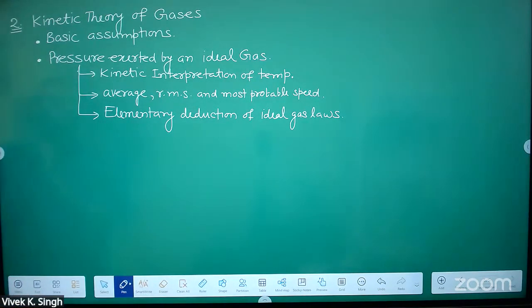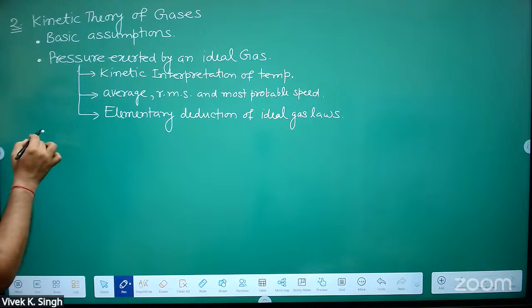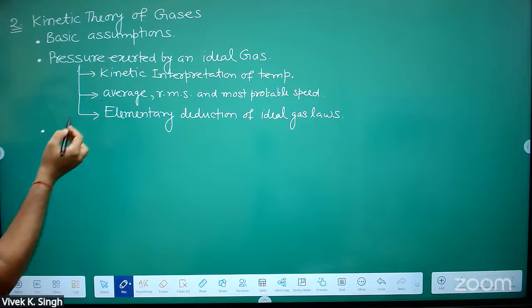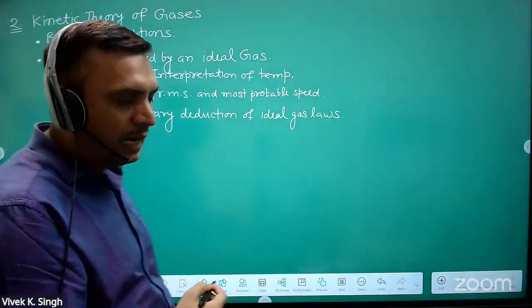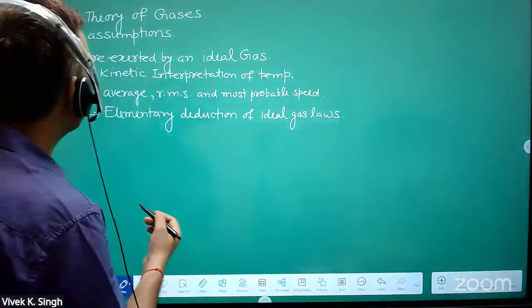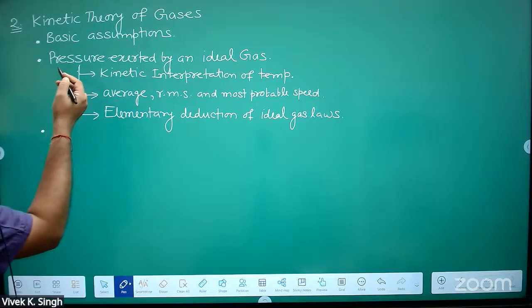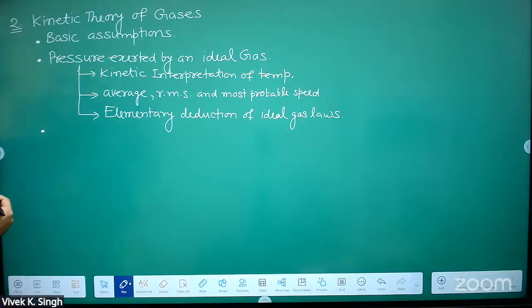Then we will talk about heat capacities in an ideal gas, in the kinetic theory of gases. Using this model, we can find the heat capacity.